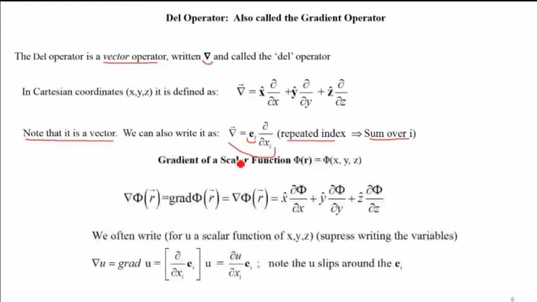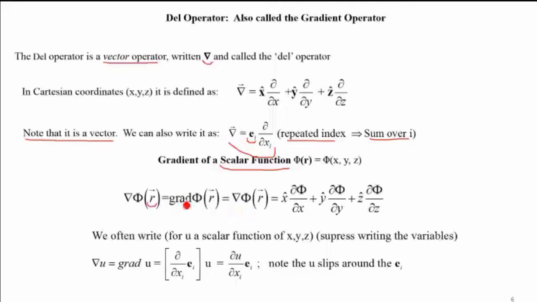Let's talk about the gradient. Here we're talking about an operation on a scalar function, and so let's just for now call it phi, and it's a function of x, y, z. If we consider that initially as a function of r, so some position vector, then it's a function of x, y, z. So these two statements are equivalent. So we take the gradient of this function, and we're going to take it in Cartesian coordinates.